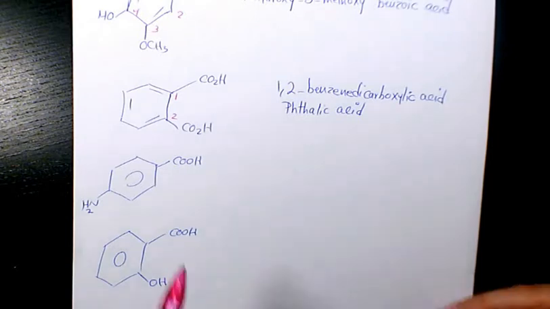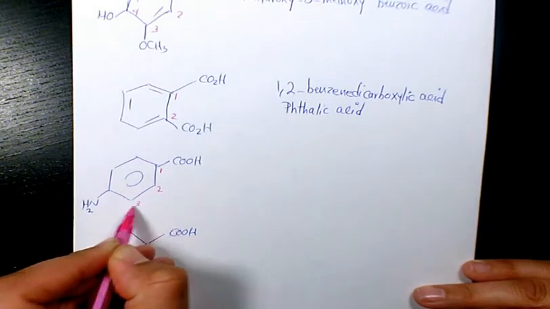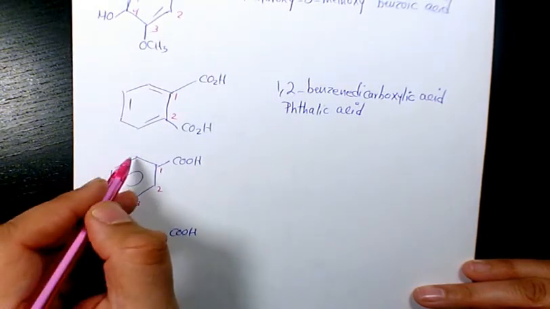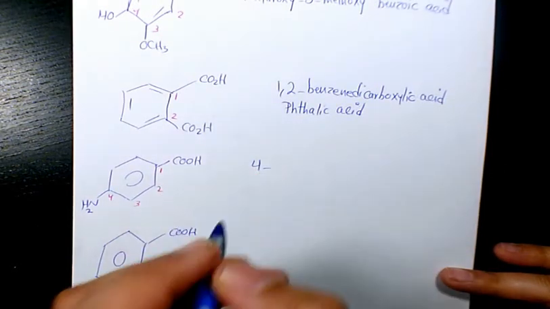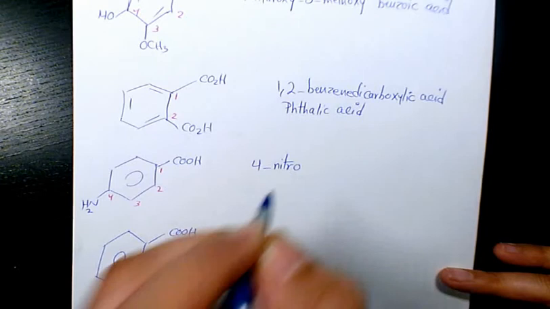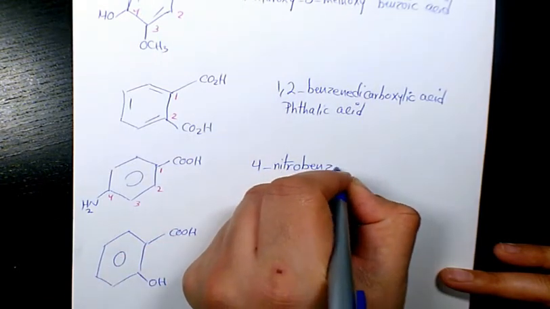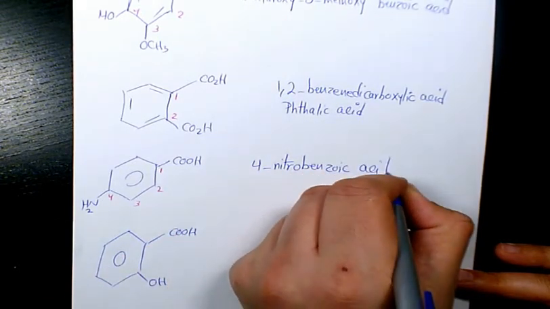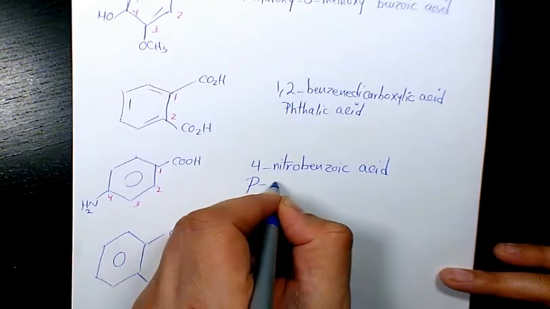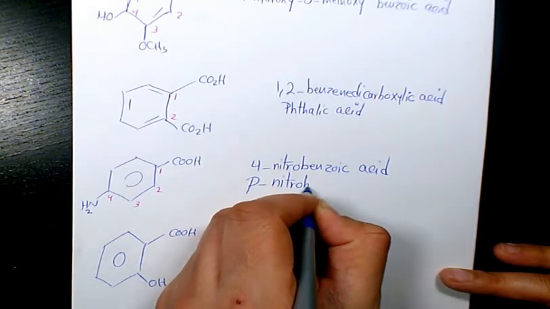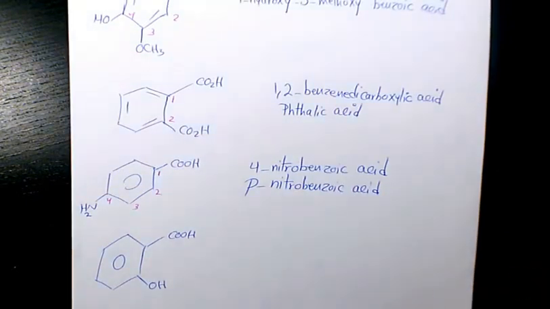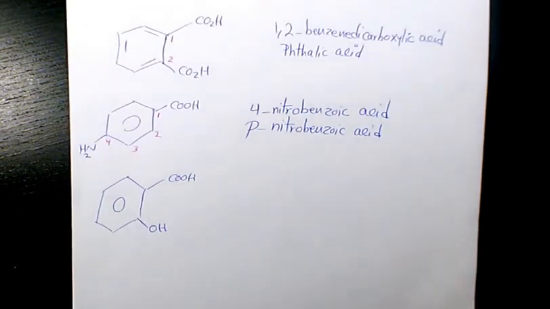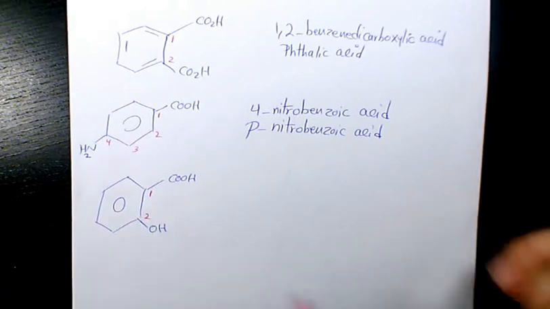Next one is going to be 1, 2, 3, and 4. Or if we number from the other side, it's going to be 2, 3, and 4. We have 4-nitrobenzoic acid. Or we can say para-nitrobenzoic acid. Next one is going to be 1 and 2.